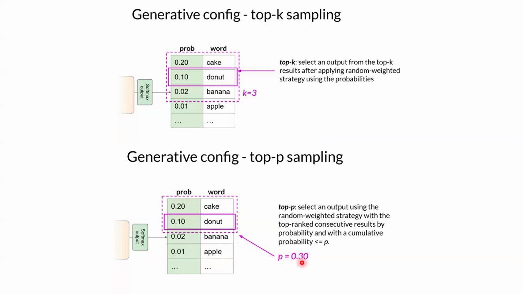If it is 0.32, then it will also consider banana. So this basically means the cumulative sum. Select an output using the random weighted strategy from the top ranked consecutive results by probability with the cumulative probability less than or equal to P. Clear, guys? So if P is equal to 0.3, it will give output only out of cake or donut.